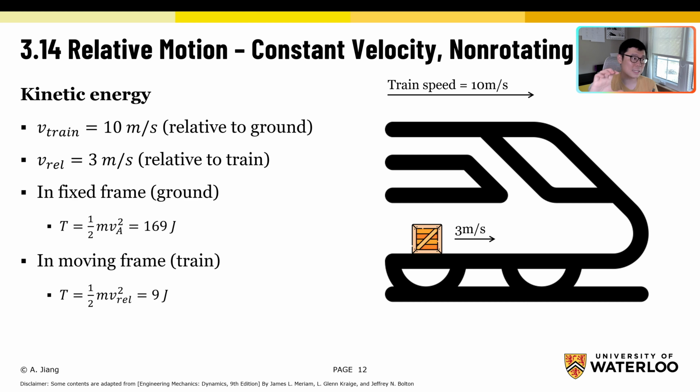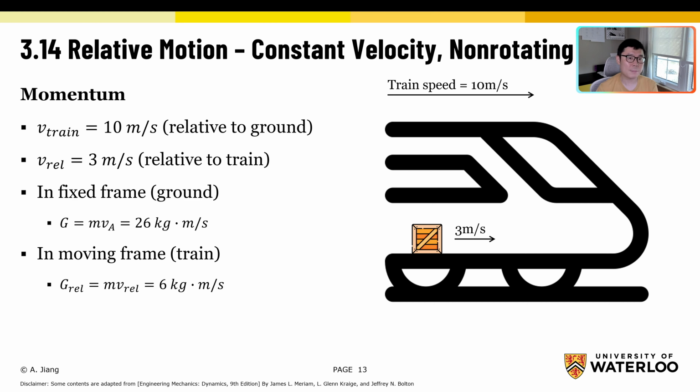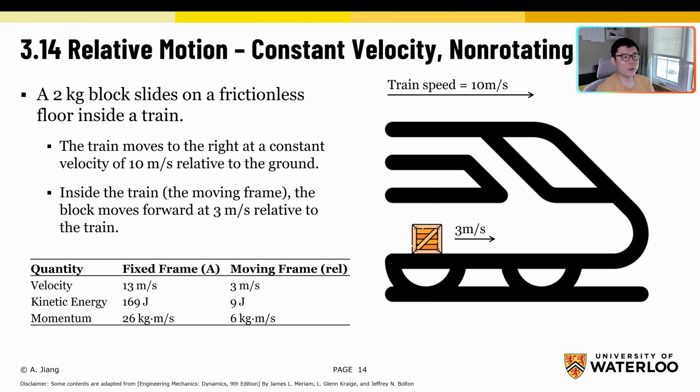So now you can see the kinetic energy is different, measured using different reference systems. The same happens for momentum. In the fixed frame, G is 26, and in the moving frame, G_relative is 6 kilogram meters per second. They are also different. Hope this example gives you an idea about the difference when looking from different frames for relative motion.